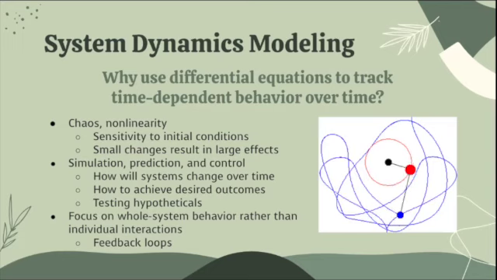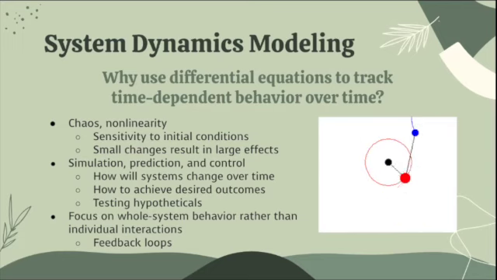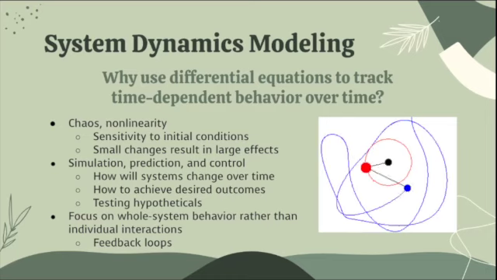Ordinary differential equations can also be used for simulation, prediction, and testing hypothetical control situations in your system. So looking at how changing a system component might change overall system behavior.